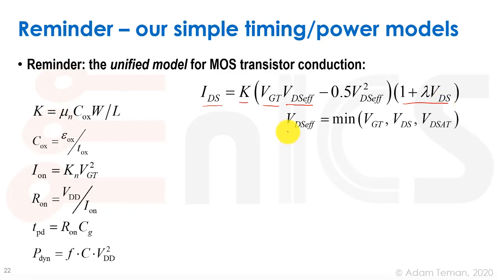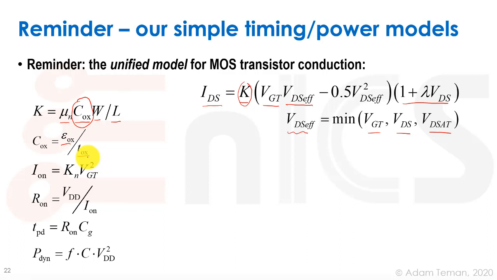VDS effective, we said, is the minimum of VGT, VDS, and VDSat, which sets whether we're in saturation, velocity saturation, or linear operation. And K, the transconductance, is the mobility times the oxide capacitance times the width of the transistor divided by its length. This oxide capacitance is the permittivity of the oxide divided by the thickness of the oxide.